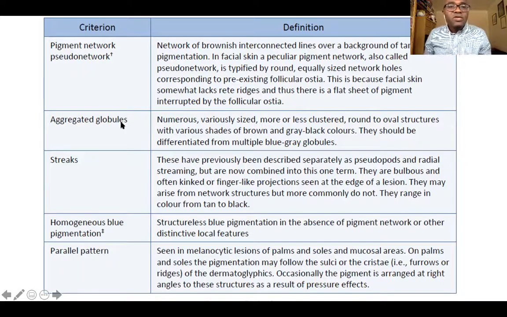So these 5 criteria are all criteria of melanocytic lesions. If a lesion has a pigment network or pseudo-network if it's from the face, has aggregated globules, has streaks, has homogeneous blue pigment, or has parallel patterns, this lesion is a melanocytic lesion.